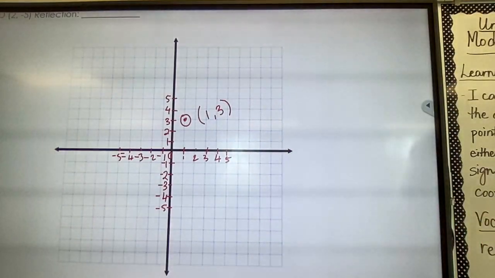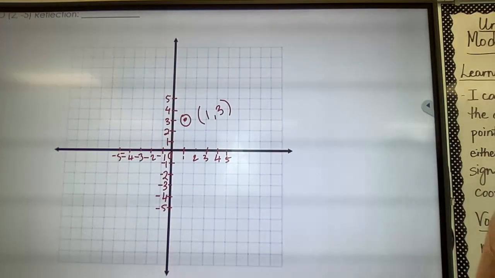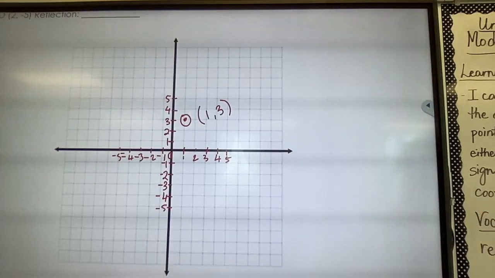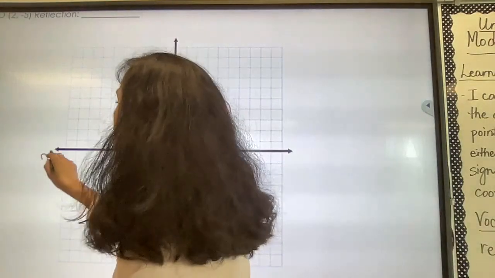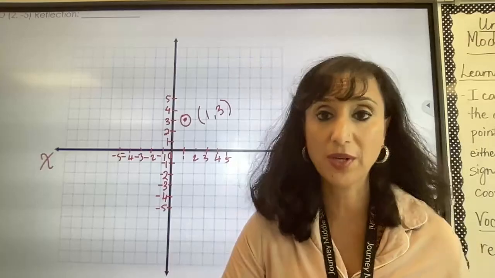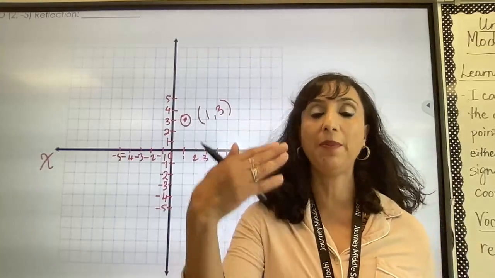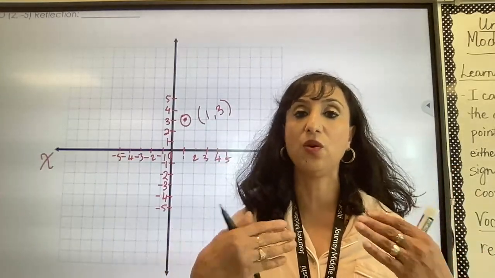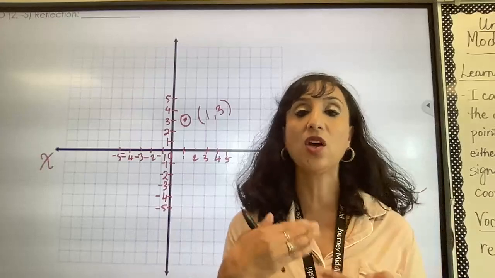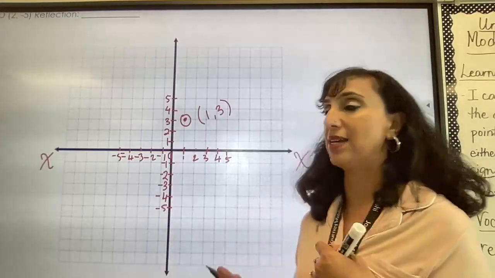Okay, and if I am going to reflect, this is A. All right, so if I'm going to reflect this on the x-axis, we know that this is the x-axis. So I know it's going to go from top to down or bottom to up depending on where the points are. So it is going to go across the x-axis, and the same distance on the other side of the x.